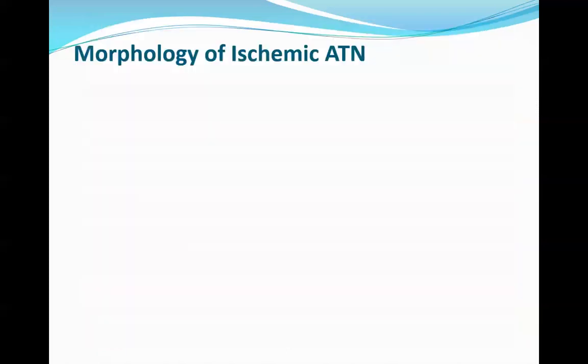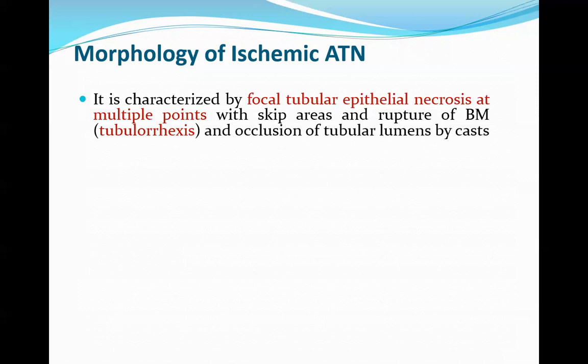Okay, morphology of ischemic ATN. As we have discussed, there are two main types, ischemic and toxic. In ischemic, what will happen? It is characterized by focal tubular epithelial necrosis. Focal tubular at multiple points. So there will be necrosis, normal, necrosis, normal, necrosis, normal.